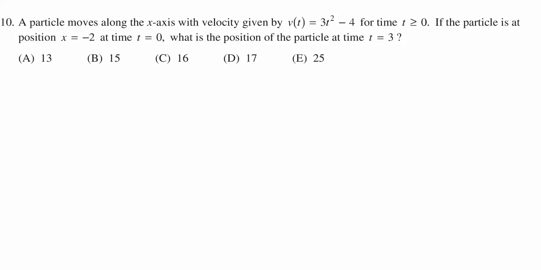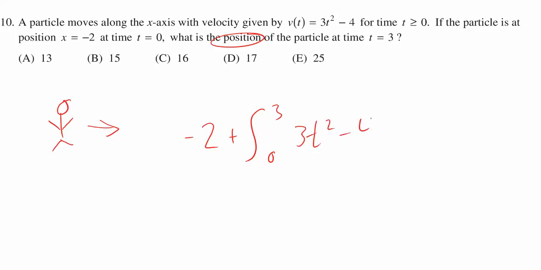All right, a particle moves along the x-axis. Here's our person walking with a velocity of 3t squared minus 4 after 0. If the person is at -2 at time 0, what is the position at 3? So to find the position, we just need to integrate: -2 plus the integral from 0 to 3 of 3t squared minus 4.